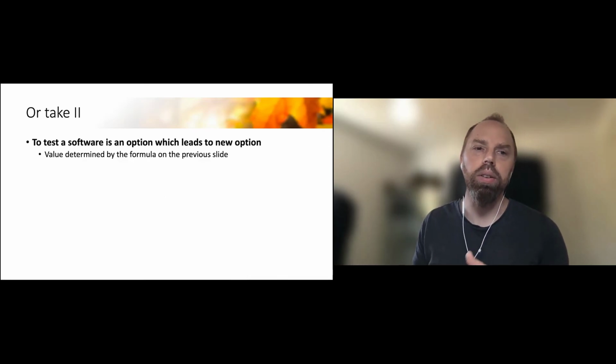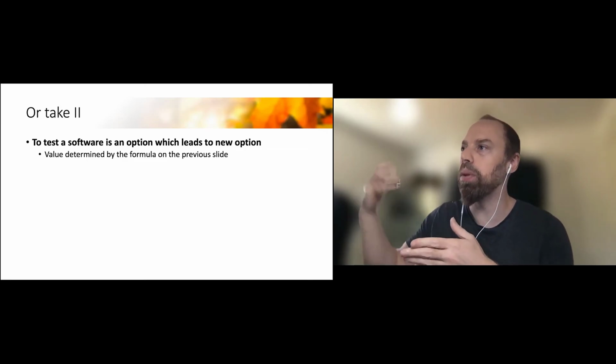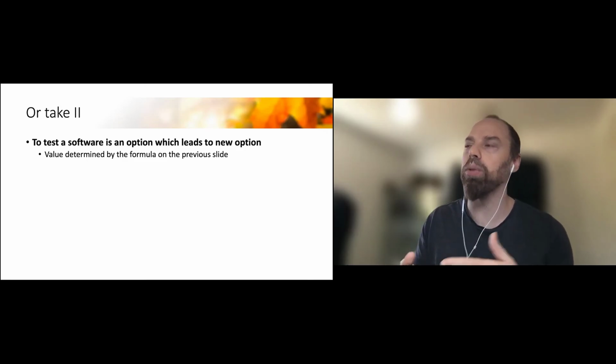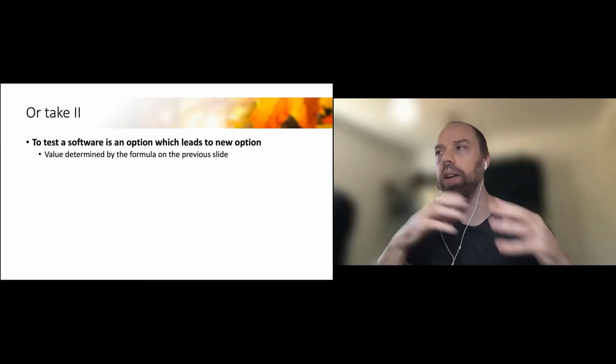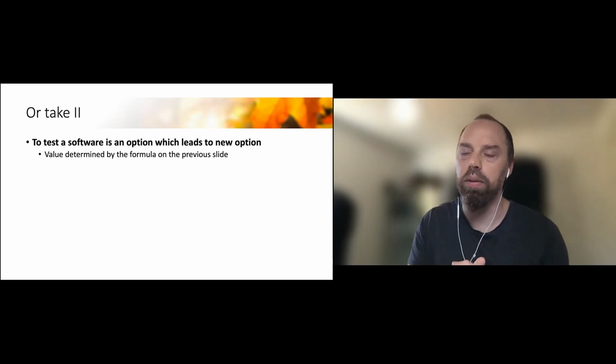So to test software is then an option, which leads to a new option. What I've talked about so far has been that if we want to create or add a test or a tool or a test suite, we could use that function for that.